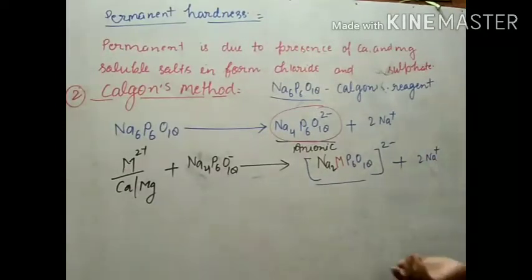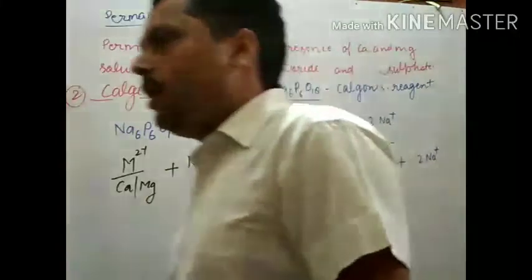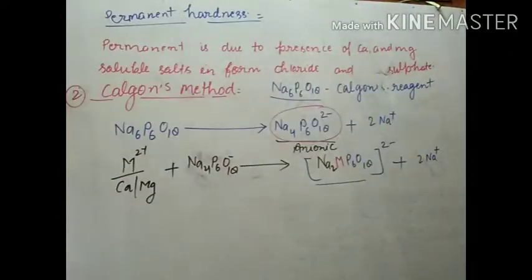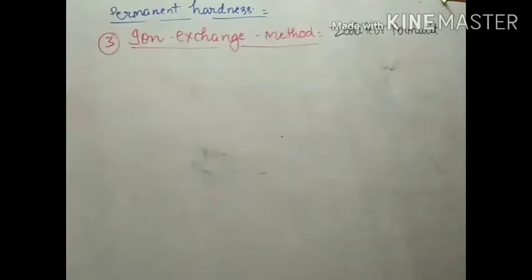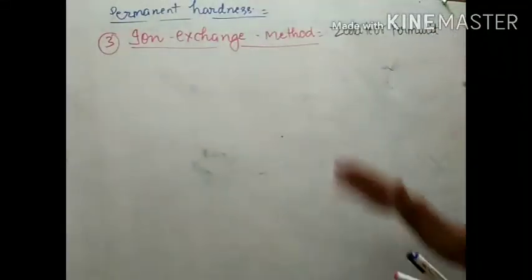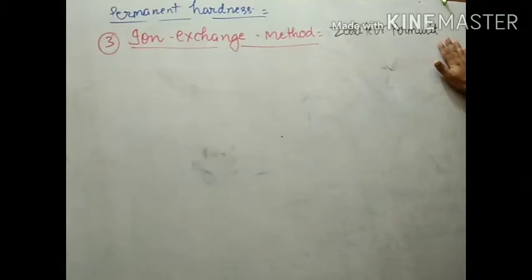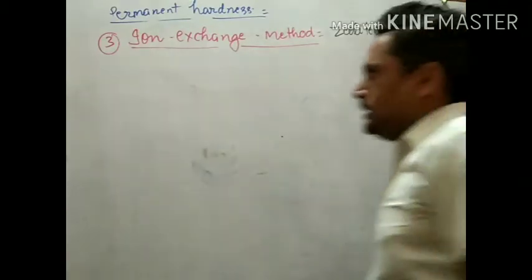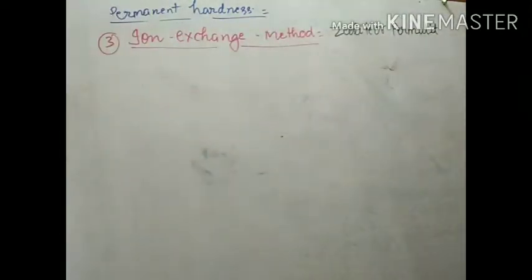So we discussed two methods. The first method we discussed is the washing soda method, and the second is Calgon's method. So the next method is the ion exchange method, zeolite method or permutit method.